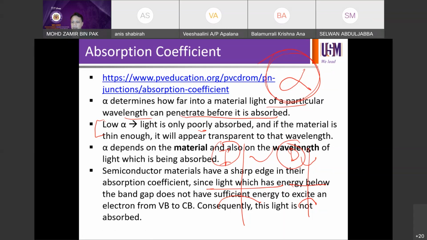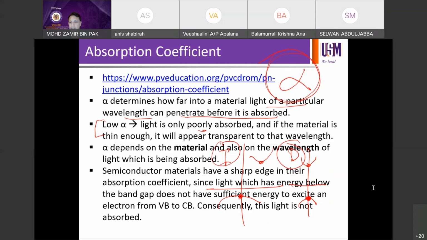So we have two saying indirect. Patient, what do you think? Which one is more efficient? Which one is easier for the valence band electrons? Patient thinks it's direct. Okay. Any other answers? What I mean is, which one is easier to have an optical transition from the max of your VB to the min of your CB?